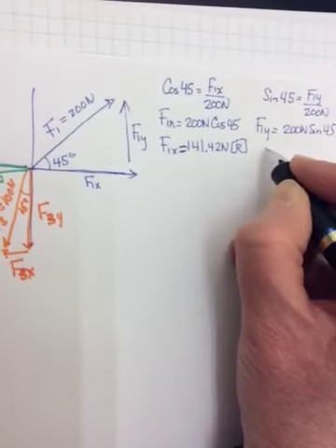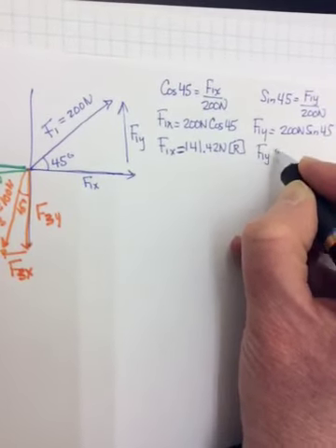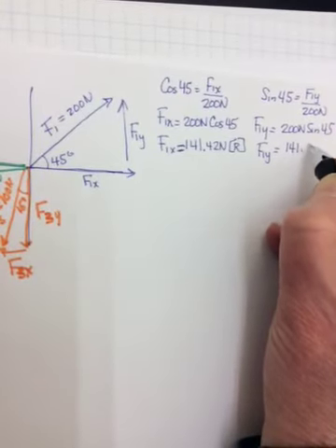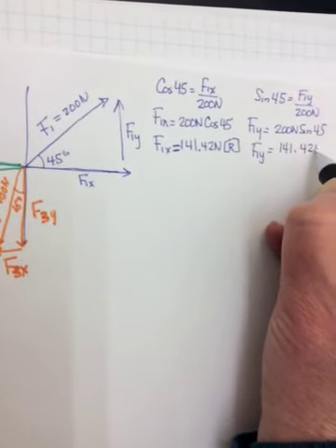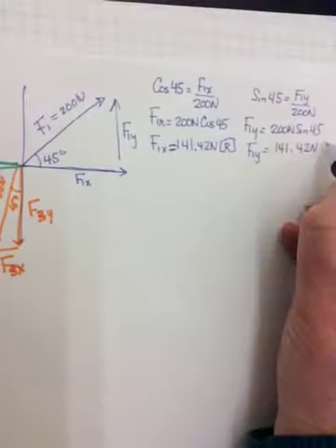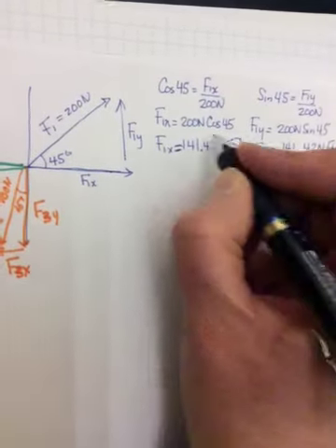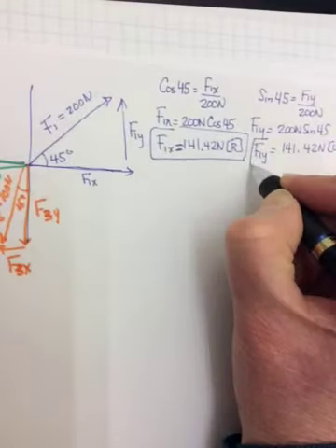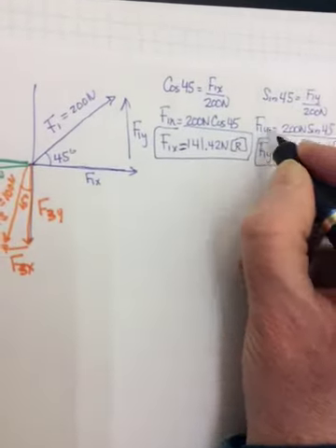And you might know that sine and cos of 45 are the same. So when you do this with your calculator, you should get 141.42 newtons. And this time, though, it will be up. Okay, so that's my F1x and my F1y.